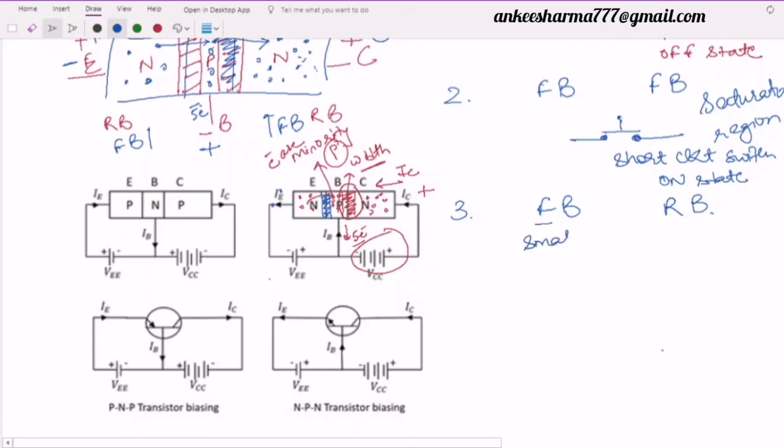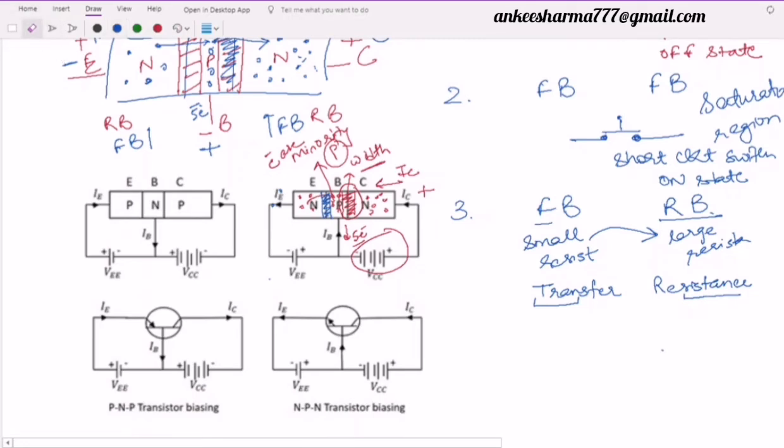मैं यहाँ लिख देता हूँ small resistance, whereas in the case of reverse bias we have very large resistance. And if you see here that it is simply the transfer of the resistance from small to large, and that's why the transfer of this resistance gives the name transistor. If you see here, this is my transistance, और ट्रांजिस्टेंस की जगह मैं ट्रांजिस्टर लिखता हूँ, ज़्यादा इजी हो जाएगा मुझे अपना पूरा वर्ड बनाना.